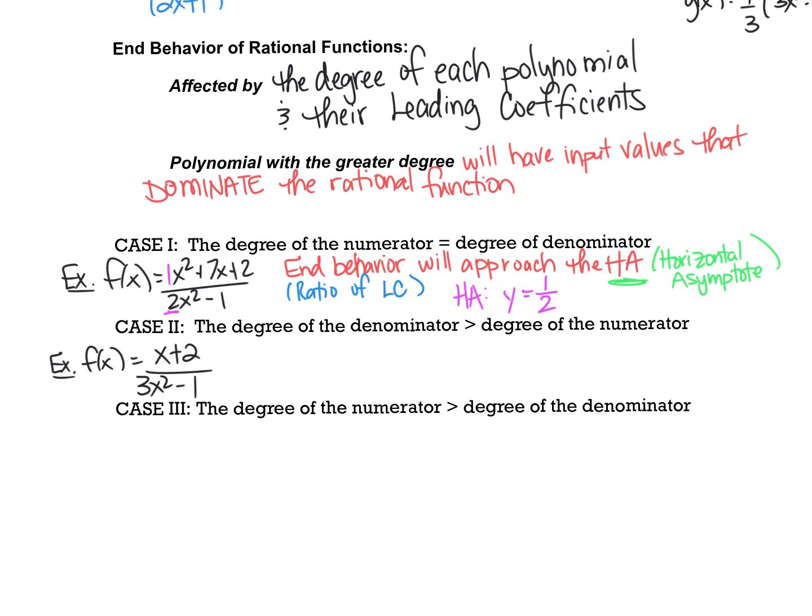The degree of the numerator is 1, x. This one is kind of interesting, so think about this for a second. If we took those leading degree terms only, you don't have to write this down, but x over 3x squared, algebraically, what does that reduce to?